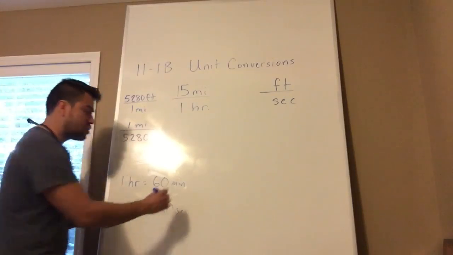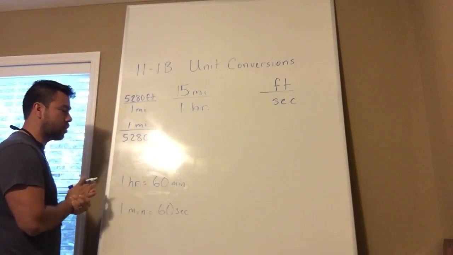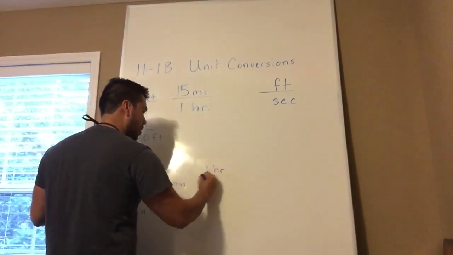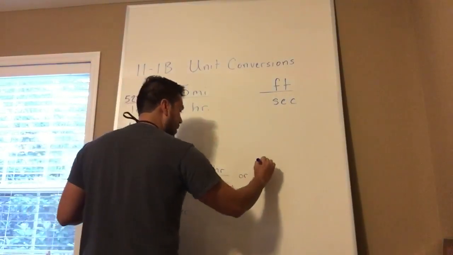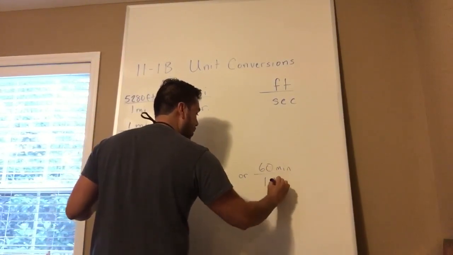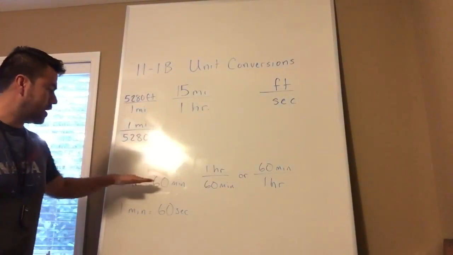So the two fractions I can come up with, and I'm going to draw these all out, and then I'll show you how to work this problem out. I can write one as 1 hour over 60 minutes, or I could say 60 minutes over 1 hour. I could say either one of those from that fact.